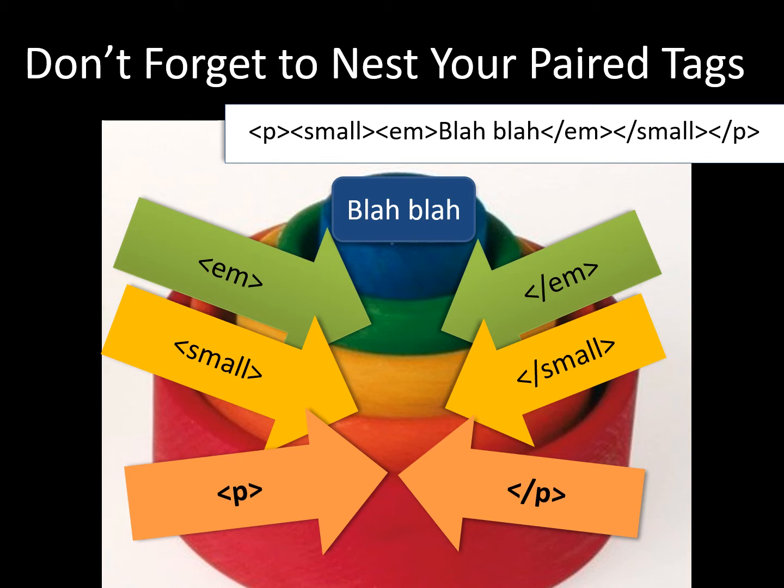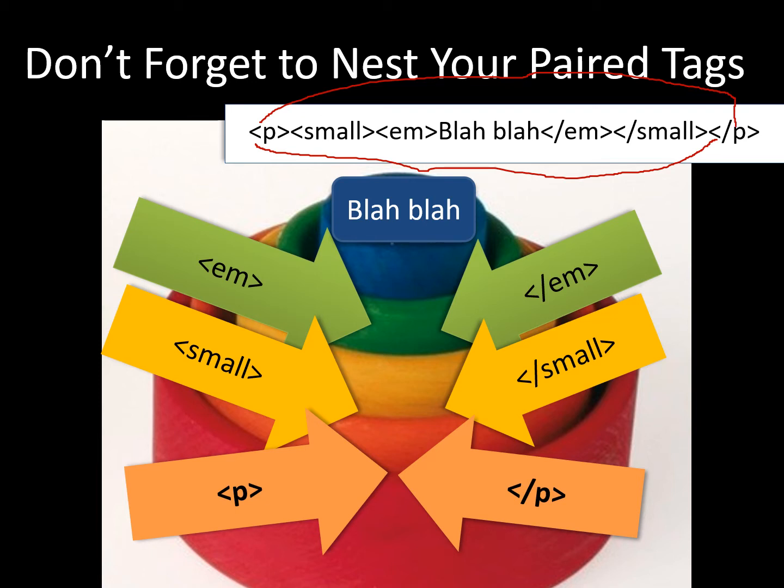Whether you are applying multiple tags on one element, or multiple tags in your page, it's very important to remember to nest them, meaning that one particular tag that may be at the beginning also needs to be at the end. And so this creates like a nesting pattern.